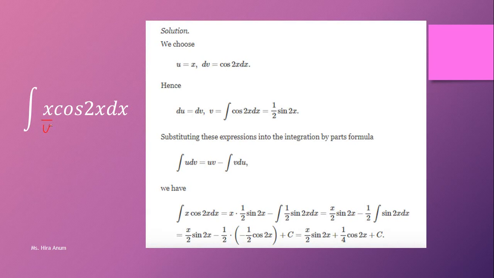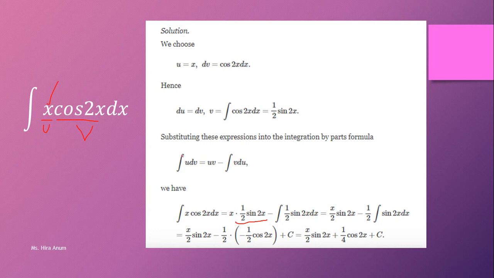This is your first function, this is your second function. Taking the first function as it is, integration of this, which is equal to sine 2x over 2, minus first's derivative, which is equal to 1, second's integration, which is equal to 1 over 2 sine 2x dx.